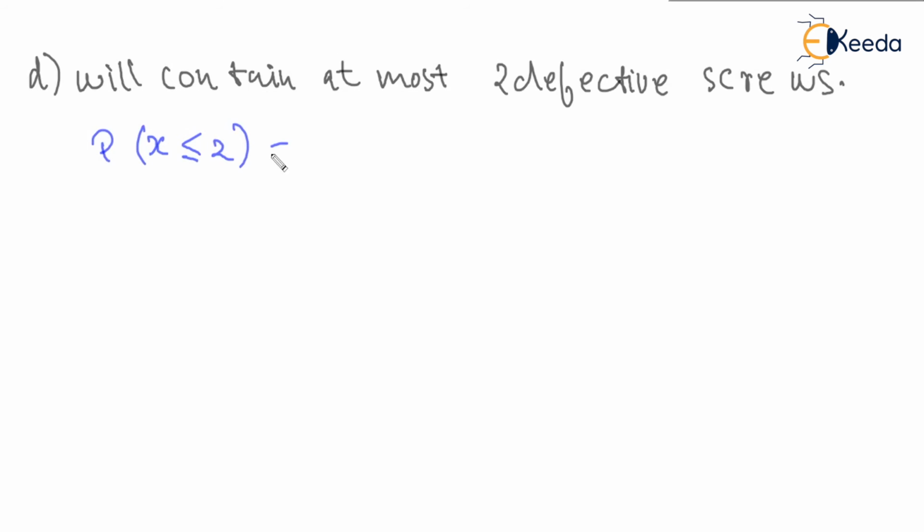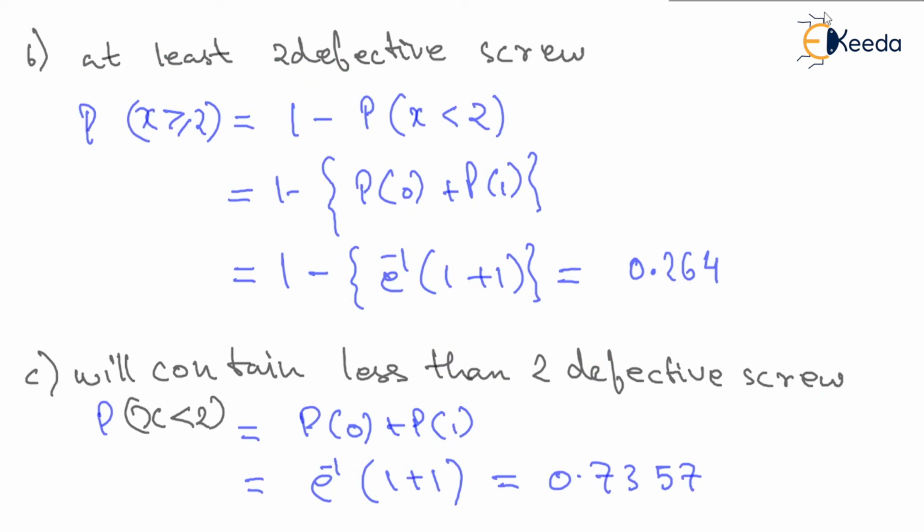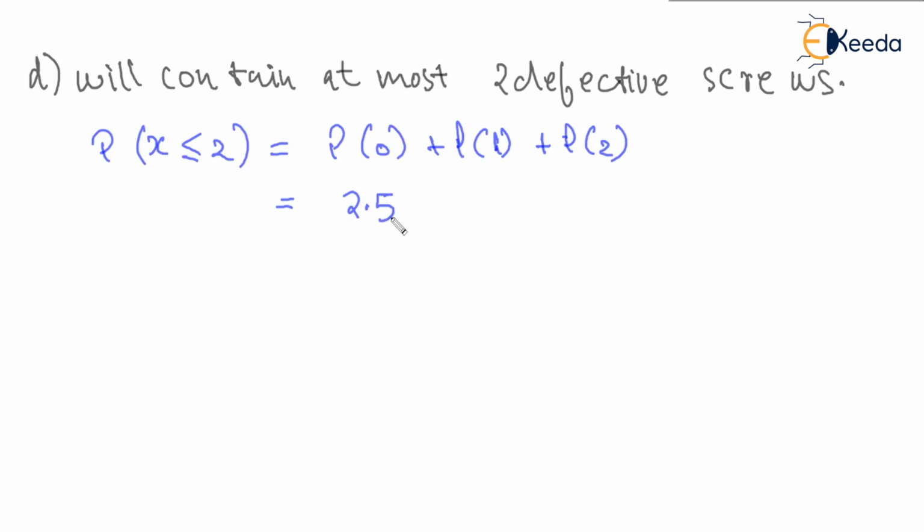So this probability is probability of 0 plus 1 plus 2, and we know that this value is e to the power minus 1 times 2.5. I'm directly writing 2.5 into e to the power of minus 1. So this will be the value of at most 2, and this is 0.9196.